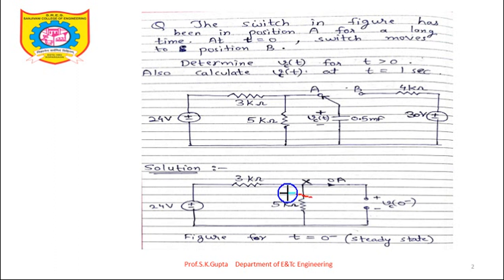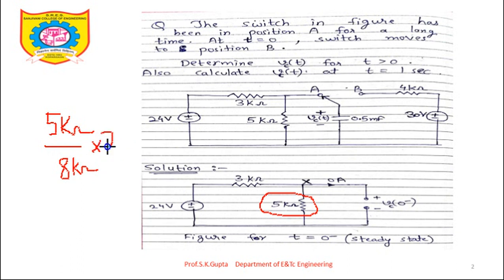So the voltage across the 5 kilo ohm resistor is 5 kilo ohm divided by the total resistance, 3 plus 5, 8 kilo ohm, into total voltage.